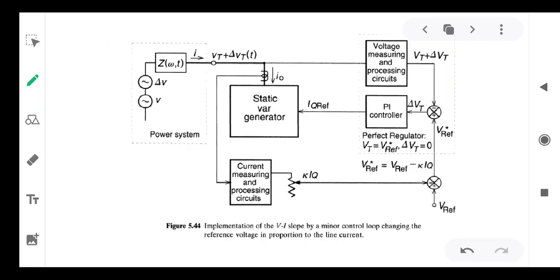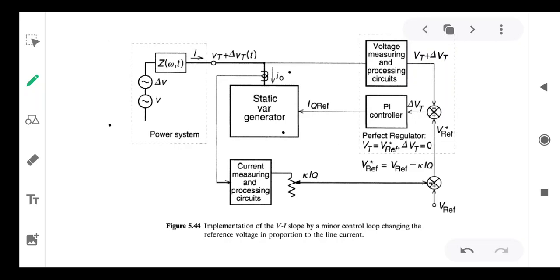So anyhow, this is the power system. We will have voltage V plus delta V, and Z is the power system impedance, a function of omega and T, and you will get Vt plus delta Vt. This is a static var generator. I0 is the current through the static var generator. This is the CT.